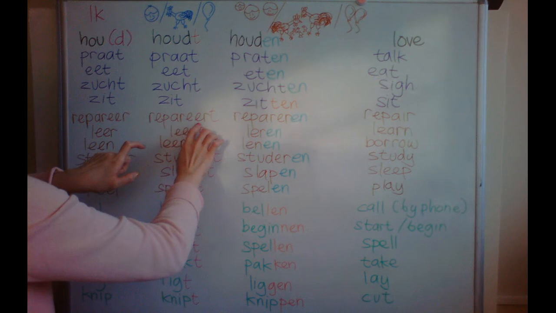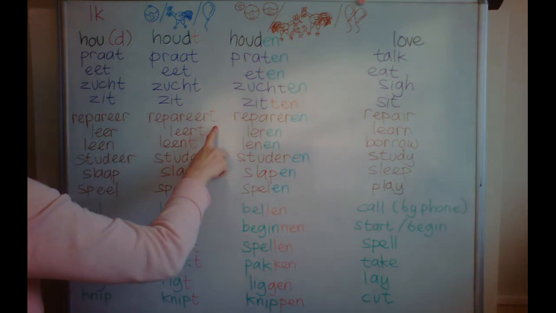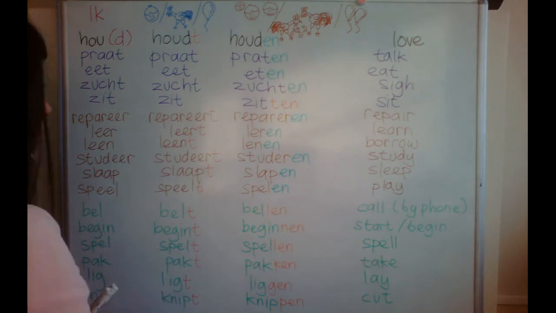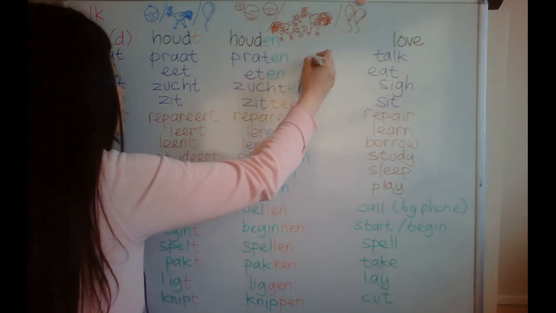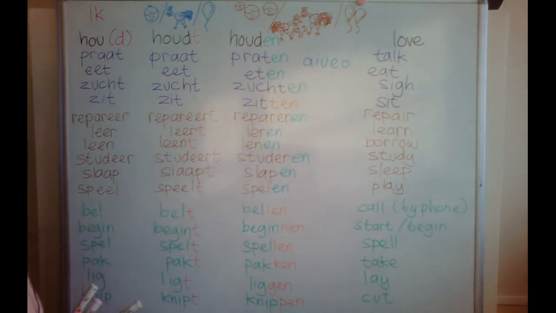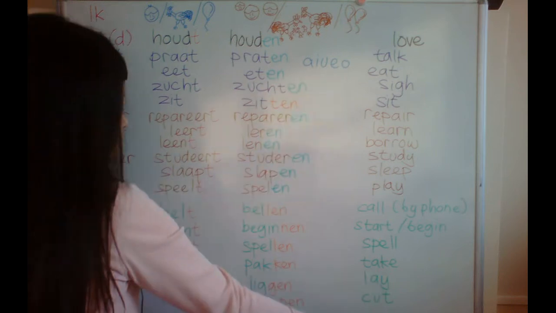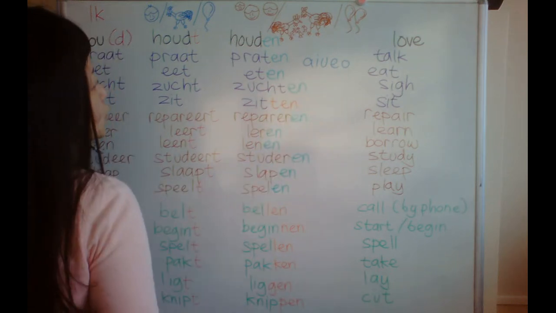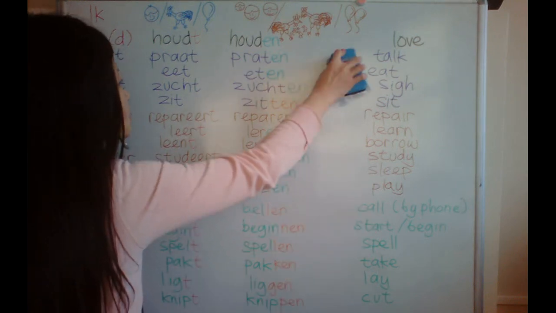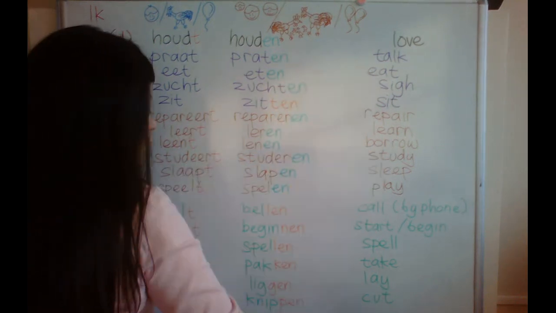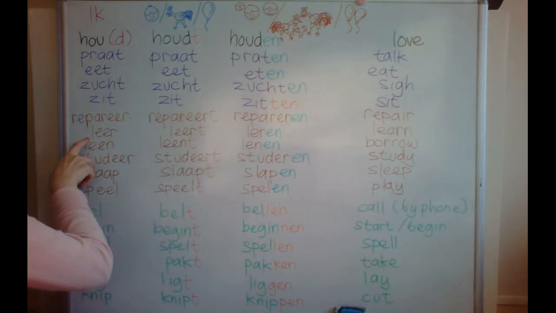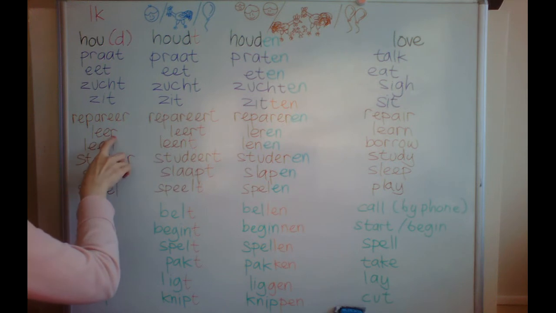Consonant, two vowels, consonant, and this is T. The vowels are A, I, U, E, O. And this is consonant, two vowels, consonant.